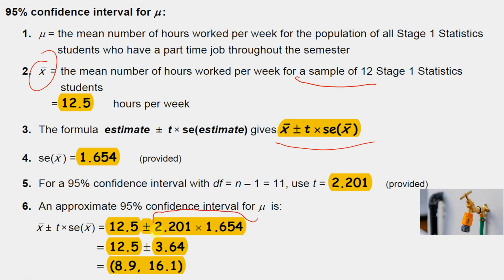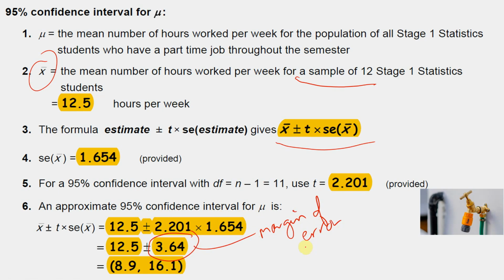We do this part of the calculation first. The T multiplier, it's a multiplier, its life dream is to be multiplied, so do the multiplication first. And then once you've got that, what you've calculated here, when you've multiplied those two together, is called the margin of error.